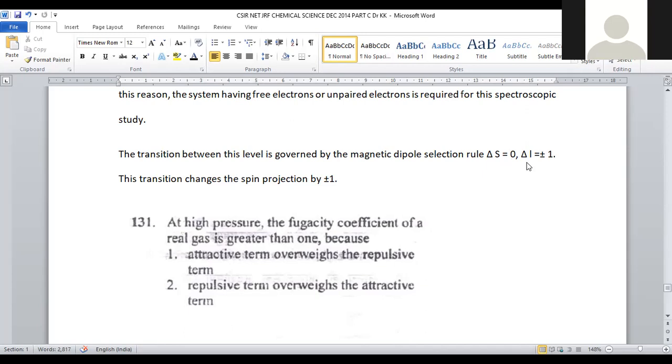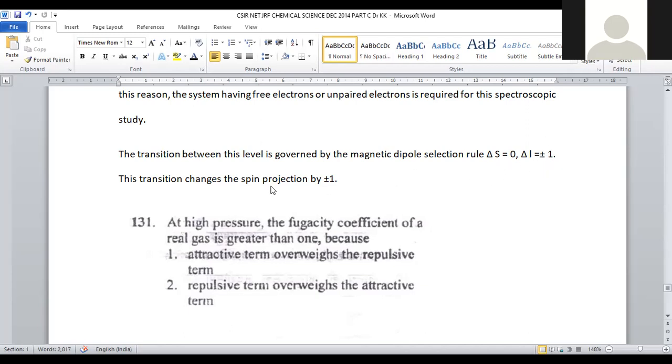And delta L is nothing but the angular momentum value. Angular momentum value can be plus or minus 1. Means from one energy level to another of higher, or otherwise another energy level of lower, can be allowed. So the delta L value can be plus or minus 1. The angular momentum value can be either raised or lowered by 1 unit.